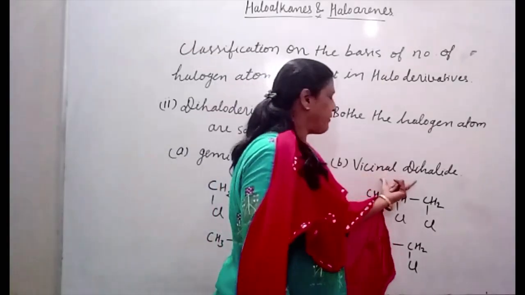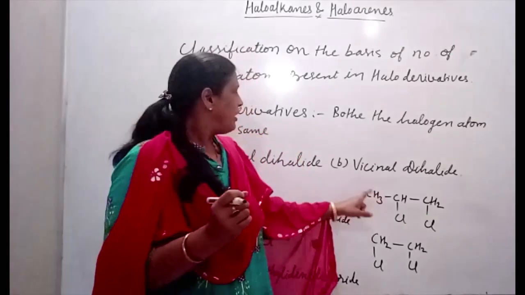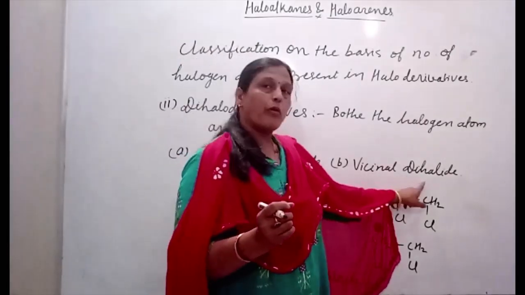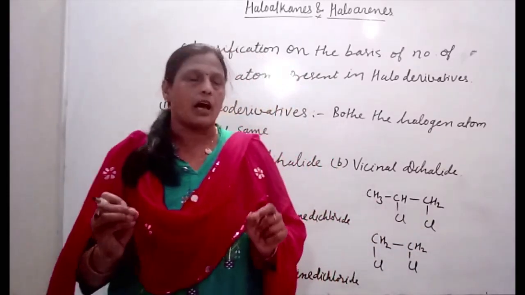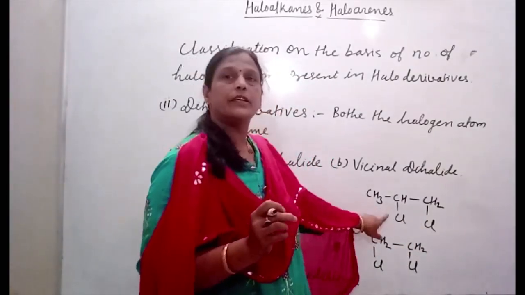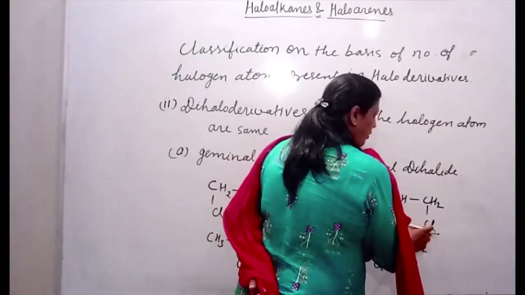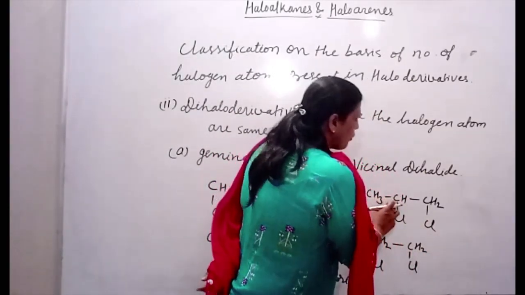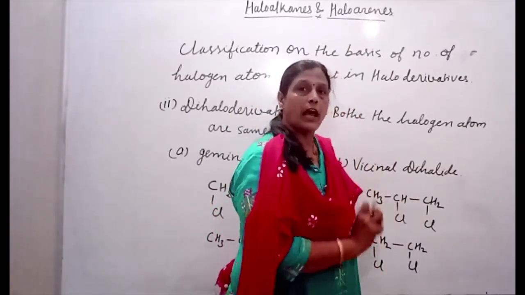Vicinal dihalide. Vicinal means vicinity, nearest atoms. In this compound, if both the halogen atoms are directly attached to adjacent carbon atoms, then this is known as vicinal dihalide. In this case, these two chlorine atoms are attached to two vicinal carbon atoms. It is known as vicinal dihalide.